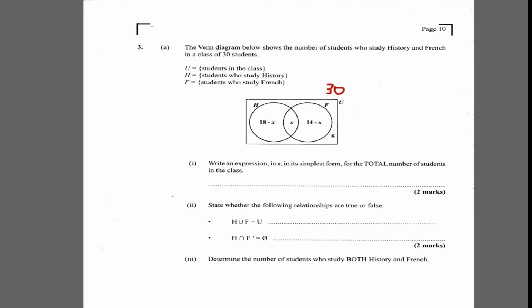So now let's go ahead and write an expression for the total number of students. The total number of students is equal to the students that do history only, which is 18 minus x, plus the students that do both history and French, plus 14 minus x, plus 5, that's equal to 30.